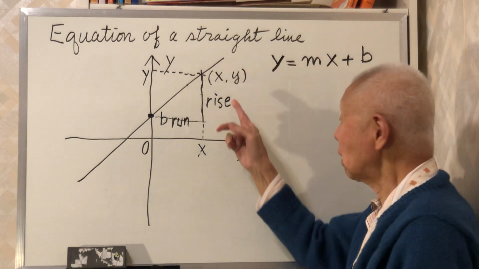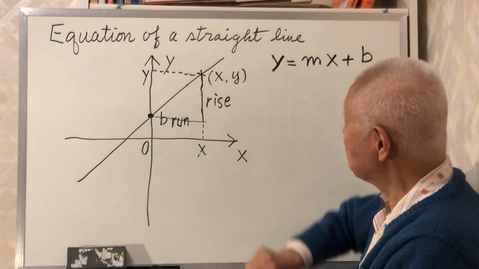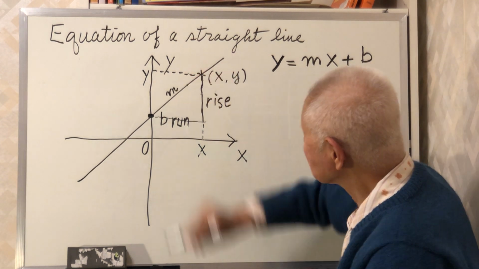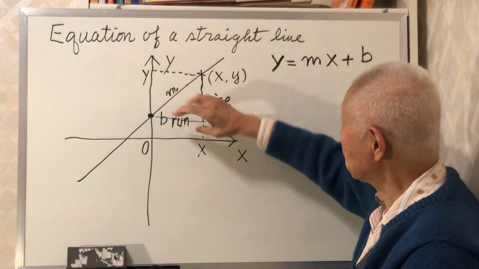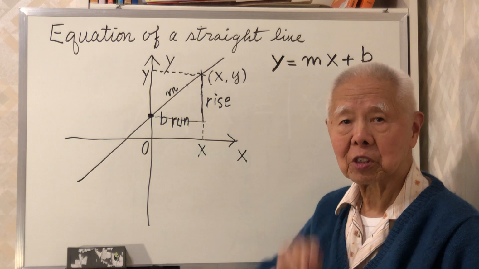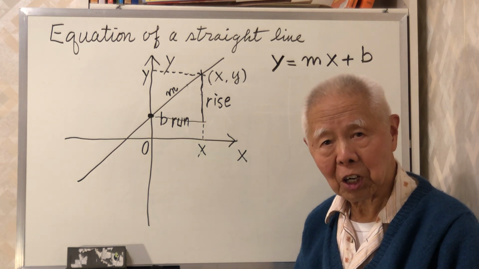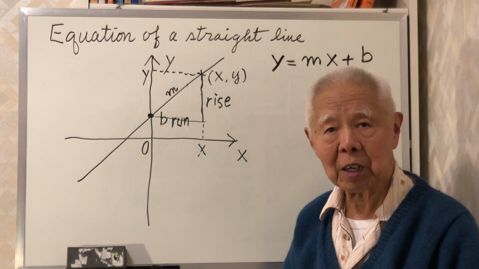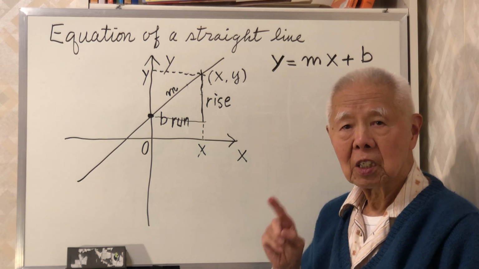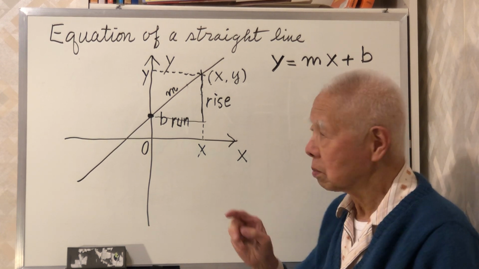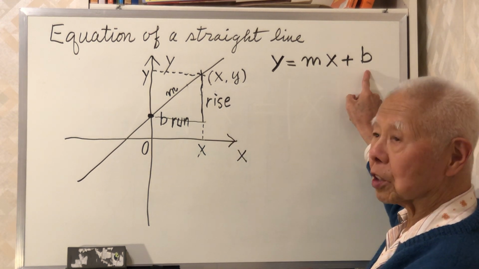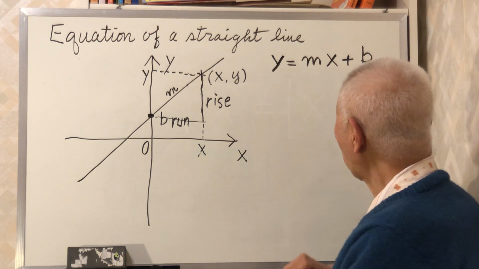Okay, so everything is here now. Slope is m. Rise over run, slope is m, and we get this equation for the straight line. There is a name for this equation. It's called slope-intercept form.